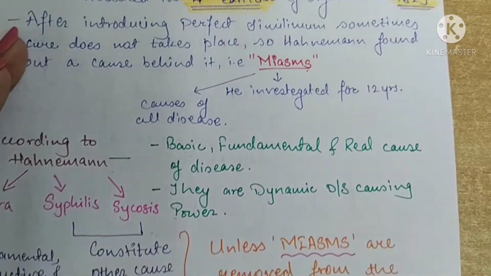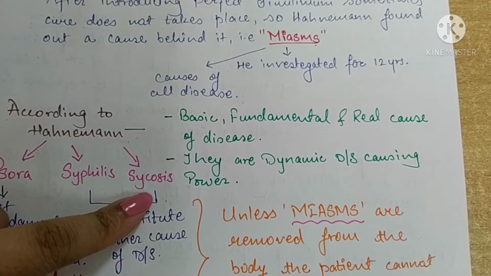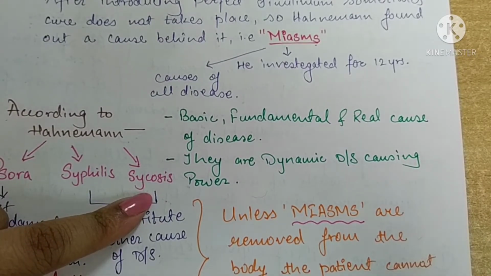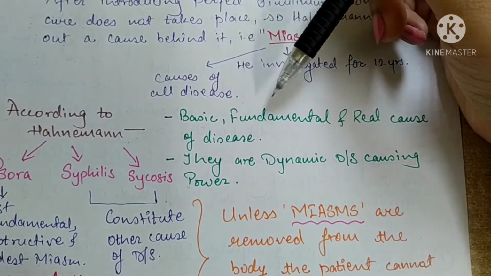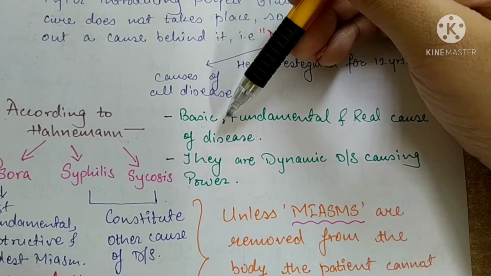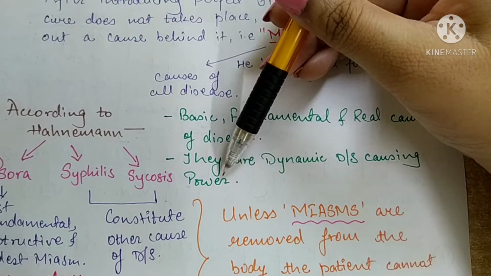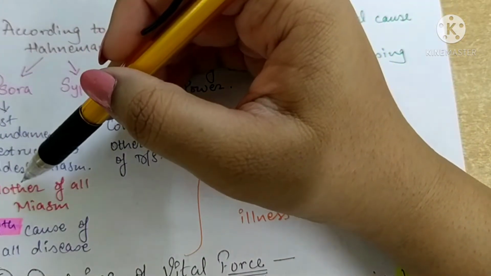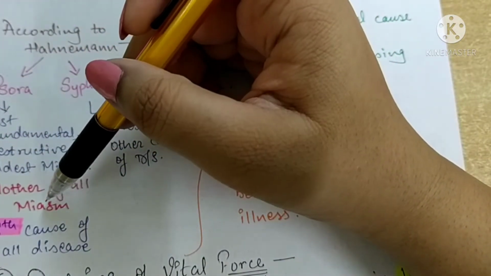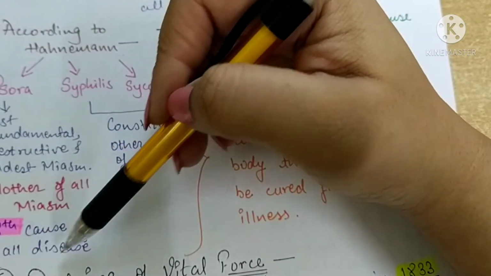Basically there are 3 miasms: psora, syphilis and sycosis. These 3 miasms are the basic, fundamental and real cause of disease. They are dynamic disease causing powers. And psora is always called the mother of all the miasms, because it consists of 7/8 part of all the diseases.